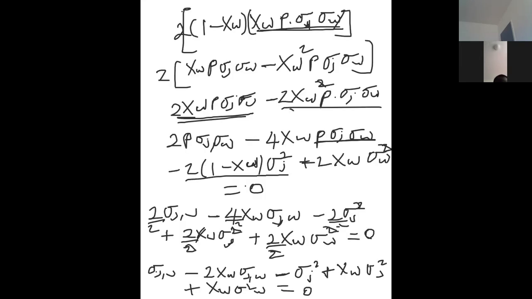Now when this one crosses the equal sign, look at something here. I've maintained this one here. I'm maintaining the first two, which is the covariance between J and W, and this one here, minus the variance of J, is equals to.